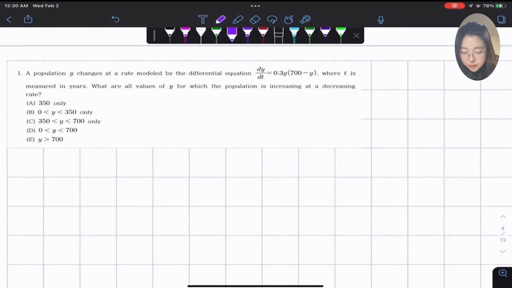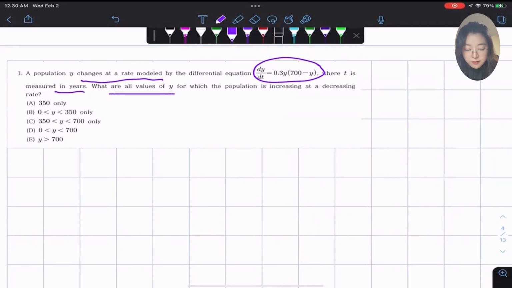Okay, look at problem number 1. A population y changes at the rate modeled by the differential equation. This is the form of the logistic growth, where t is measured in years. For all values of y for which the population is increasing at a decreasing rate. Okay.